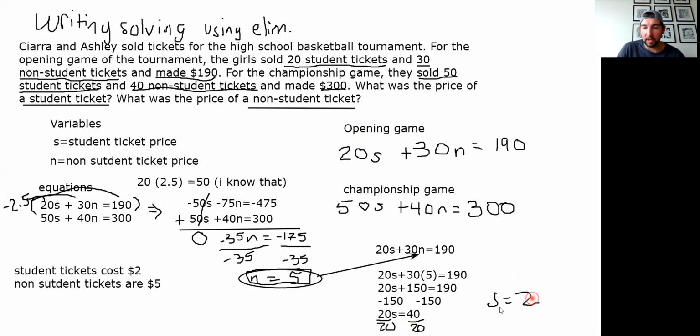So my student ticket is $2. And then finally, you have to summarize and put your equation right there into a final sort of statement. That's how these things work.